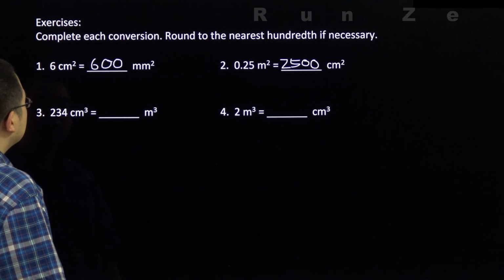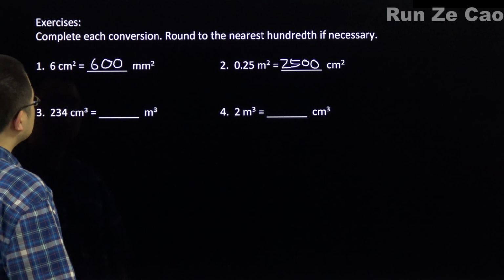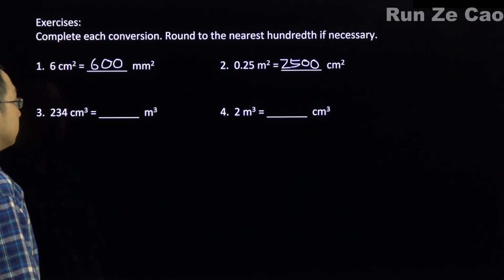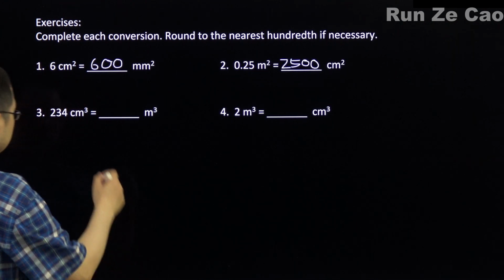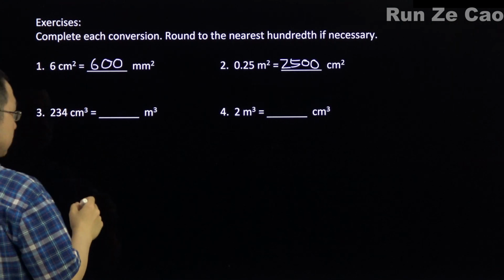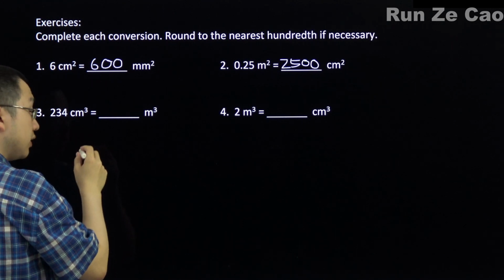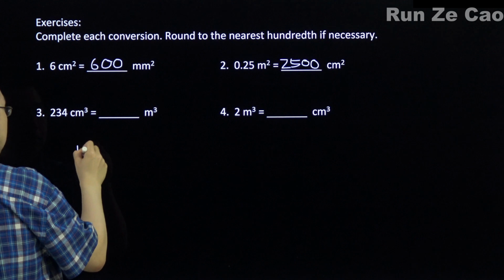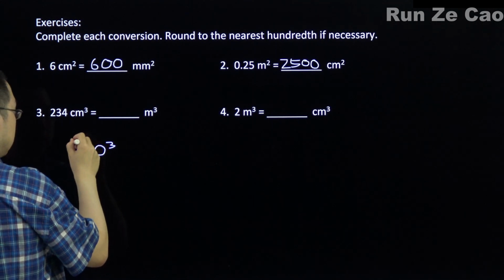234 centimeters cubed is equal to how many meters cubed? To go from centimeters cubed to meters cubed, it's 100 to the third.